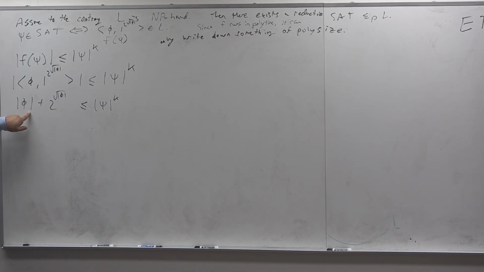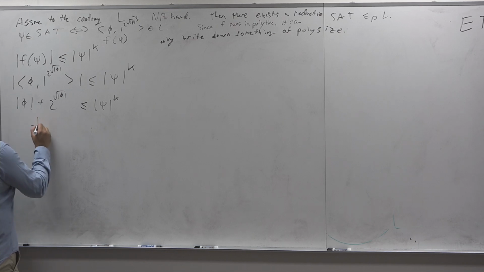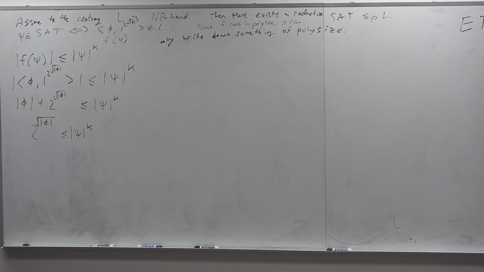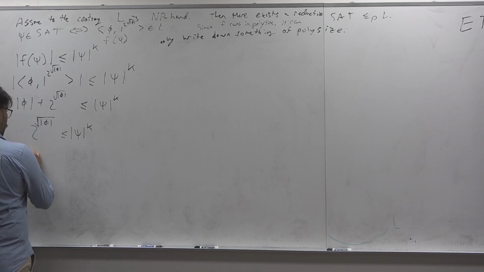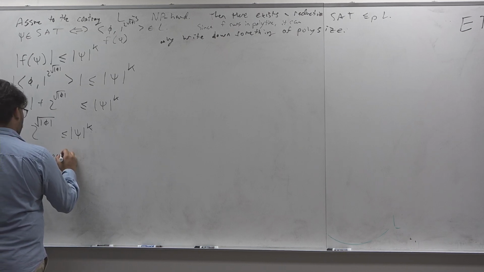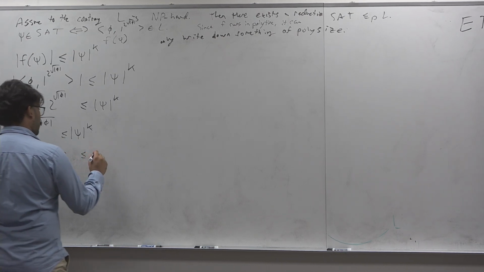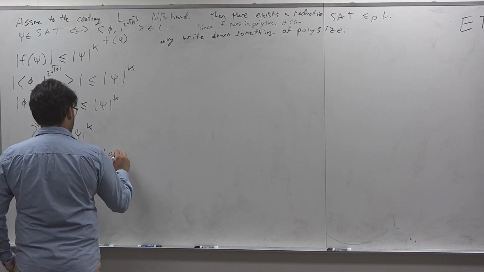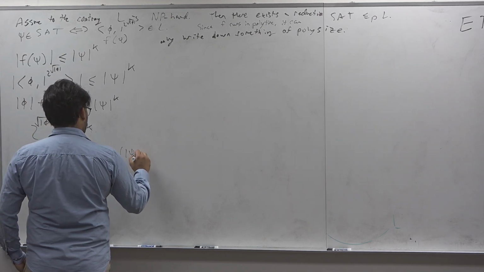Let's just underestimate the left side. Let's just solve for phi here. What is that? That's going to be square root of the size of phi times log 2 is less than or equal to k log size of psi.